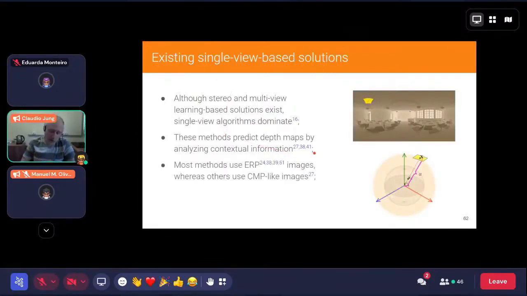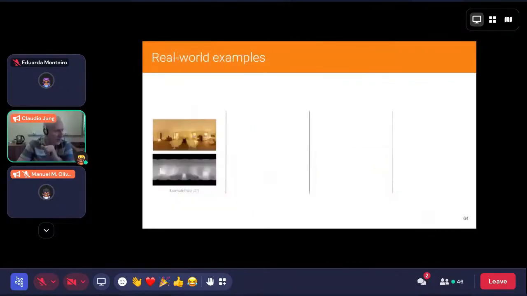So that's the rationale for using deep neural networks for getting depth maps from single panoramas. Still, there are some approaches that use cube maps, some approaches that use ERP representations, some methods that use both representations, but still ERP is the most common because you have a single planar image, and that's all you need to go back to the sphere and to process the depth map.